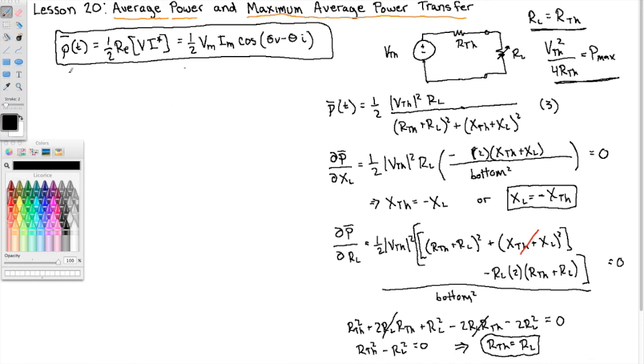Which load impedance am I going to choose? I'm going to choose R Thev minus j X Thev.